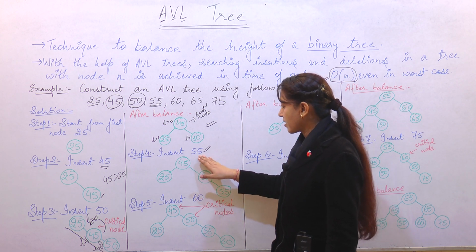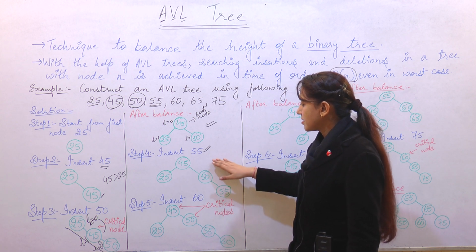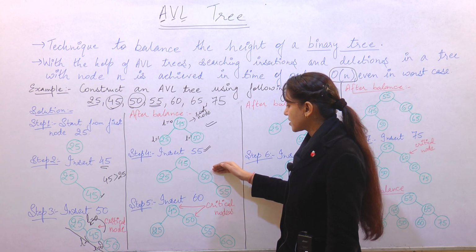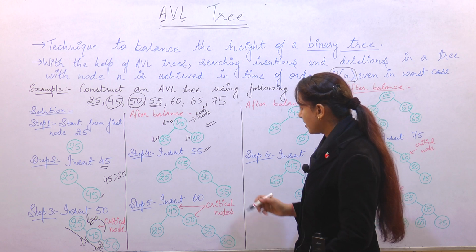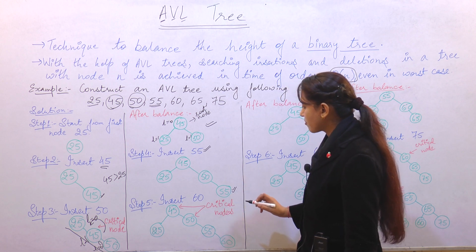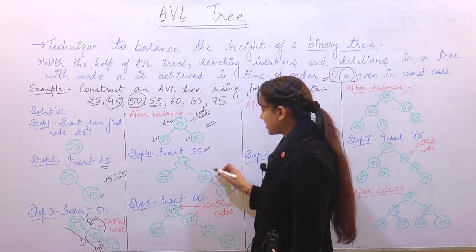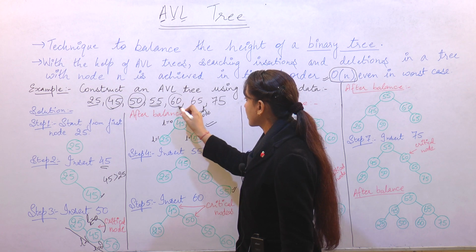So we will compare 55 with 50. Since 55 is greater than 50, that means 55 will be inserted on the right side of the node 50. That's why we have inserted 55 on the right side of node 50. Now after inserting 55, our next element is 60.